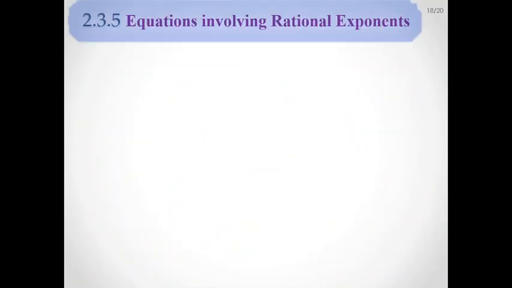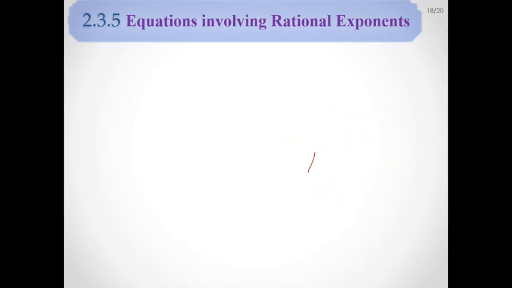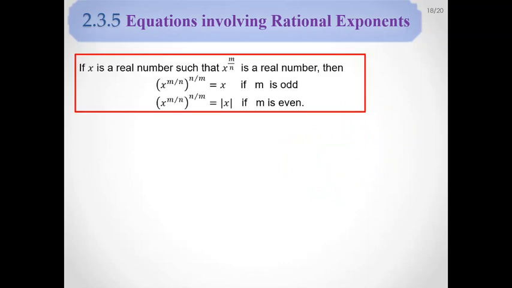Equations involving rational exponents. Sometimes the equations will have expressions with rational exponents, like this one, for example. So we will see how to solve such problems, and also some other types. Now the key information here is this one.